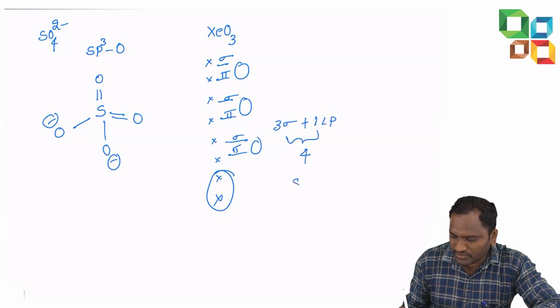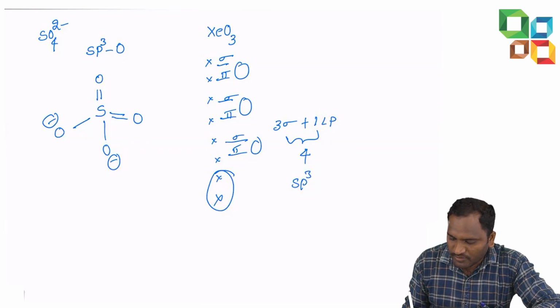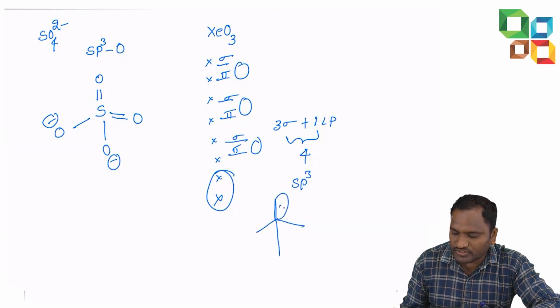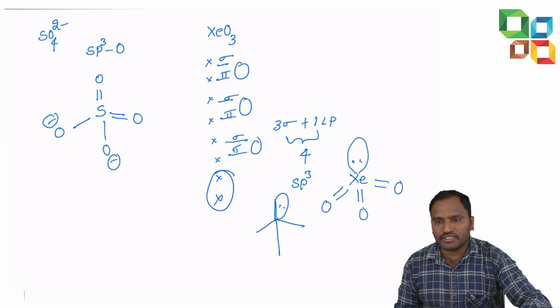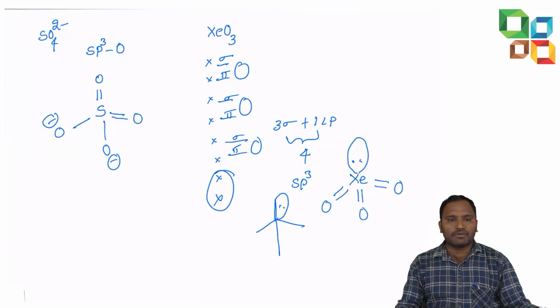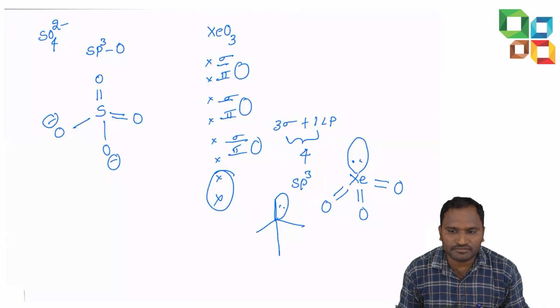What is the hybridization? sp3 with 1 lone pair, right? sp3 geometry is tetrahedral, but there is 1 lone pair, so it is pyramidal shape. Xenon will be at the center, 3 oxygens around it, and a lone pair here. Pyramidal. Srivani, correct answer.